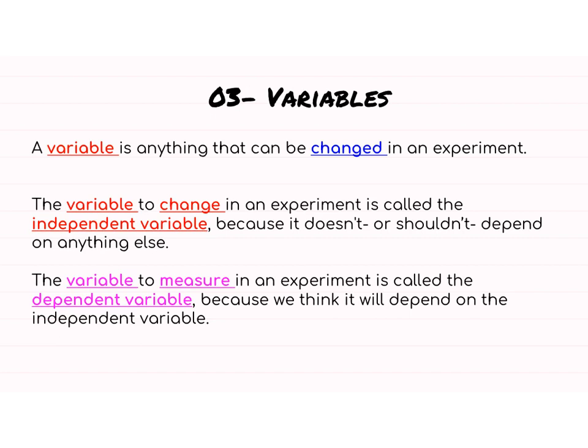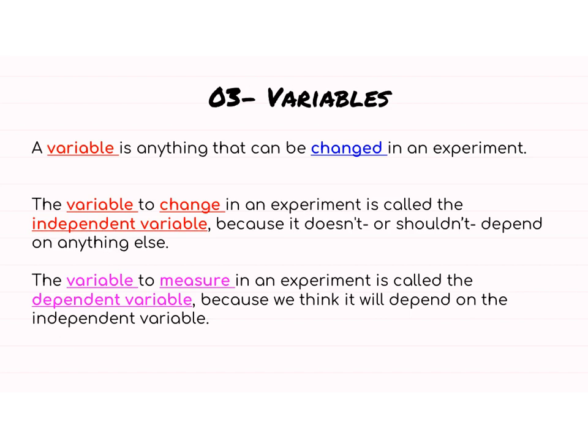The variable that the scientist is changing in a given experiment, we call it an independent variable. Why do we call it an independent variable? Because it doesn't or shouldn't depend on anything else. We are changing that variable in a given experiment.